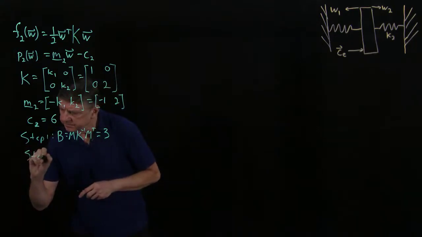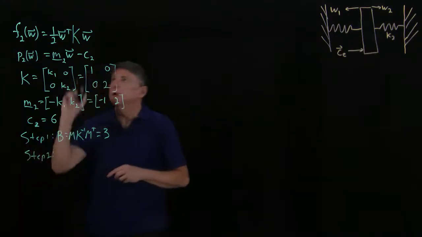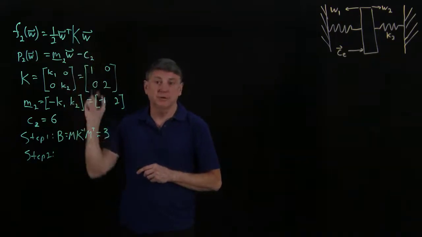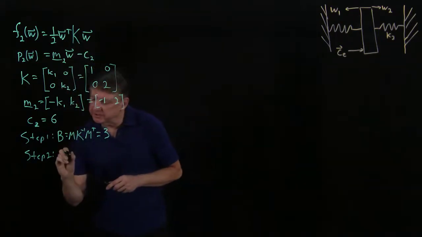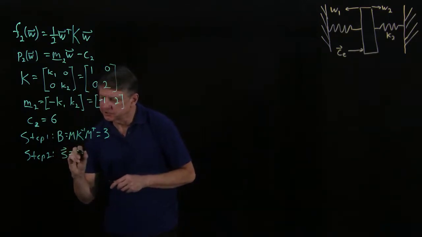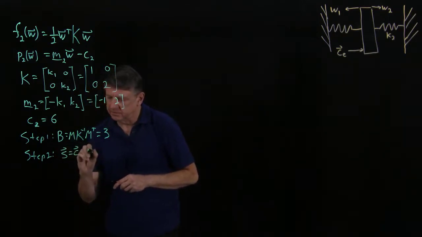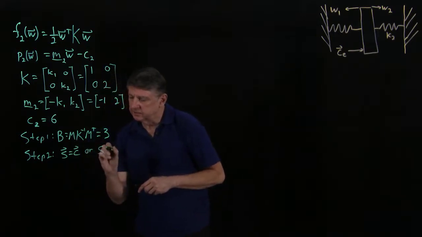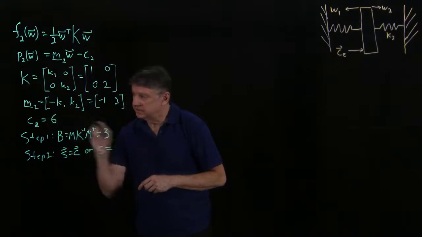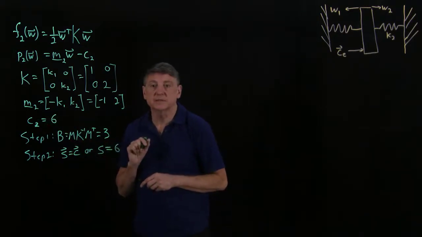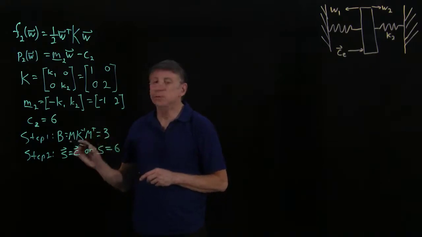Step 2, our objective function didn't contain a q-vector constraint, and that means that we can simply write our solution vector as the constraint vector. So in our case, we'll say that the solution scalar is the constraint value, which here will be 6.